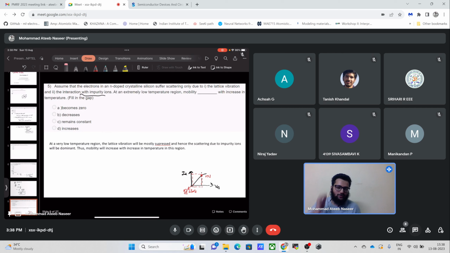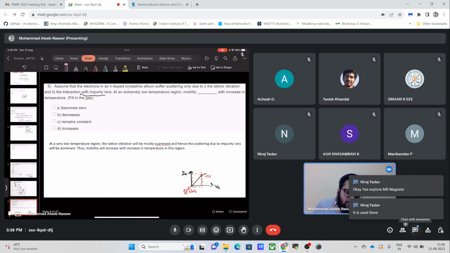But you can explore, and even I will explore after this. I will try to see what you are saying, but to my knowledge this is not feasible. But it has been shown that MR magnets, what do you mean by MR magnets? Okay, negative temperatures.